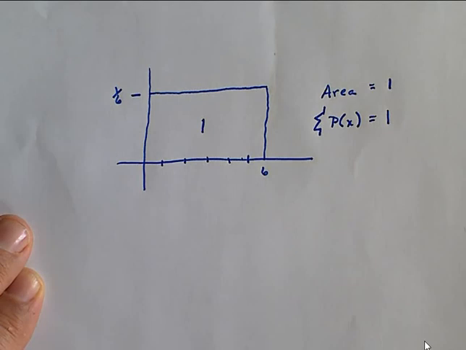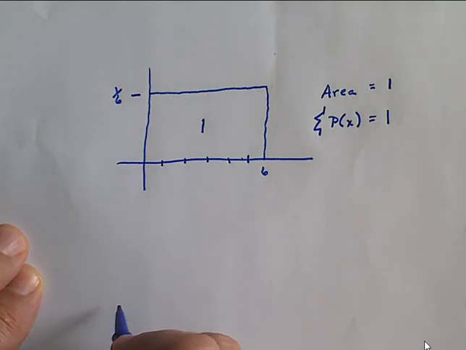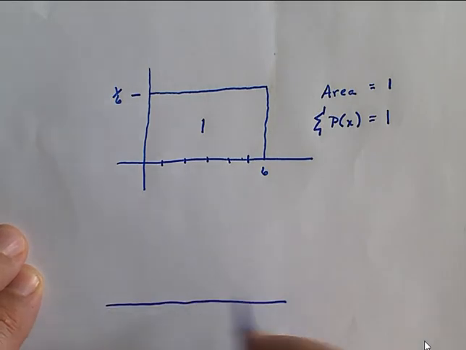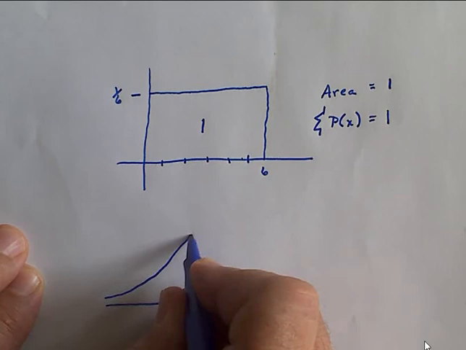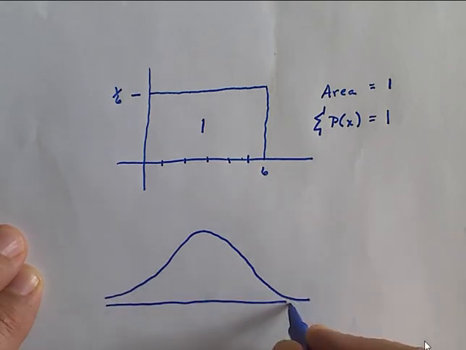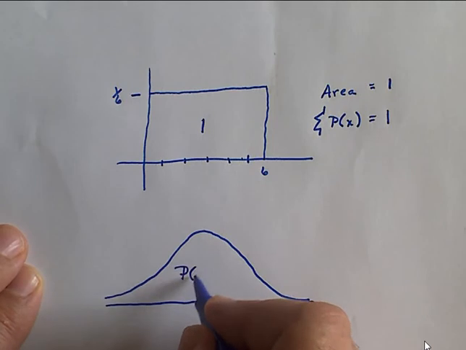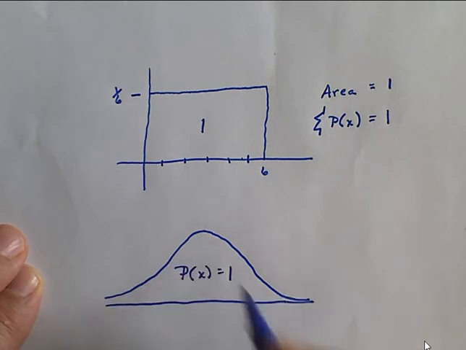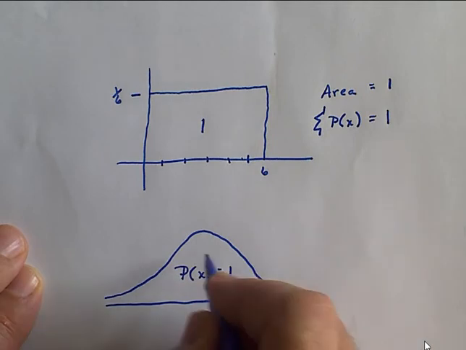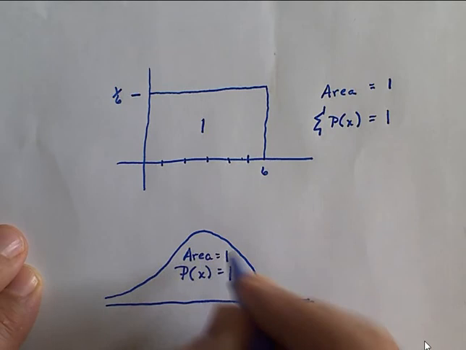And that's also true for a normal distribution. So when you take a normal distribution that looks like this, then all of these probabilities added together equals 1. Or, like I said, we can say that the area under the curve is equal to 1.